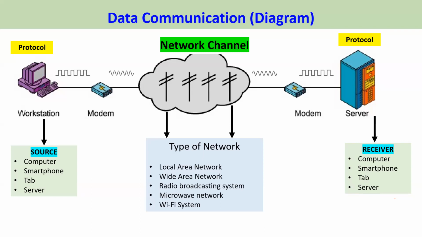Look at the diagram on the right side. You can see a large box, called a server. A server is also a digital device and can understand only digital signals. Therefore, the signals coming through the air, the analog signals, should be converted into digital form. At the end, they have to use another modem for the conversion.